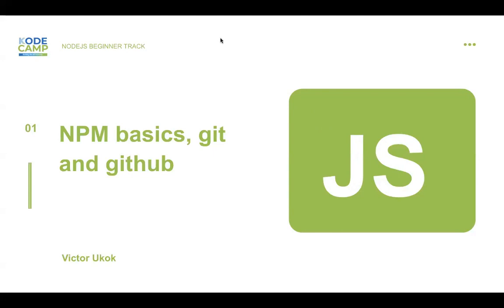Today we are going to be talking about NPM, Git, and GitHub. Those are the three things we are going to mainly look at. Also, some people said they didn't understand the last class very well, the class about classes.